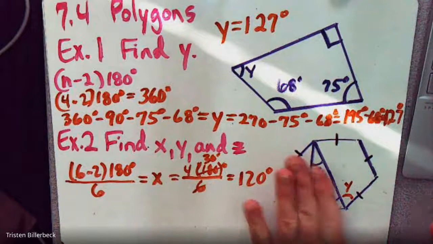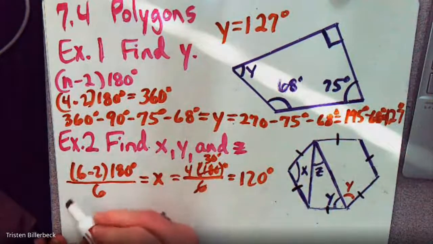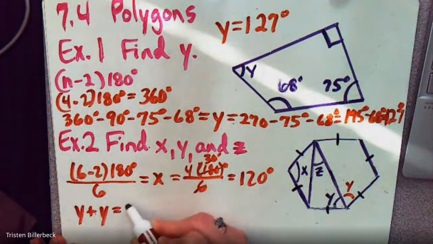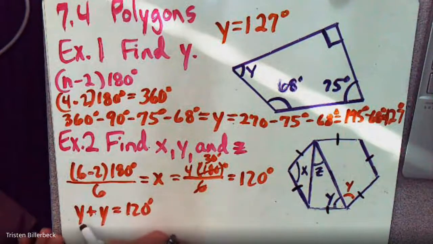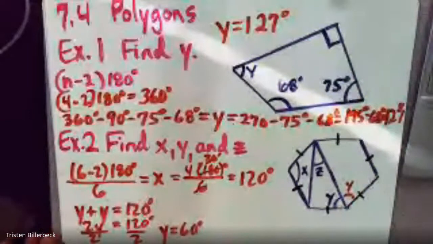So if this and this added up, they should equal 120. So we have y plus y should equal 120. So 2y equals 120, and then we divide by 2, and we get y equals 60 degrees.